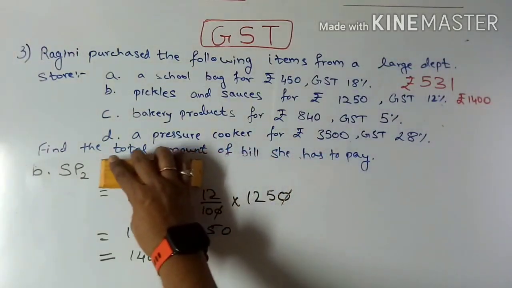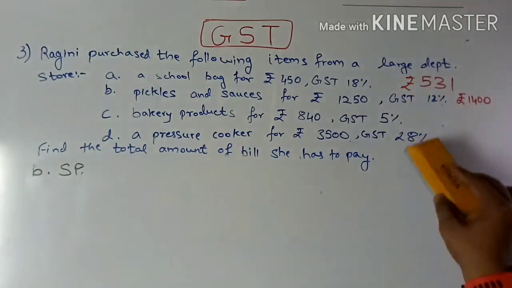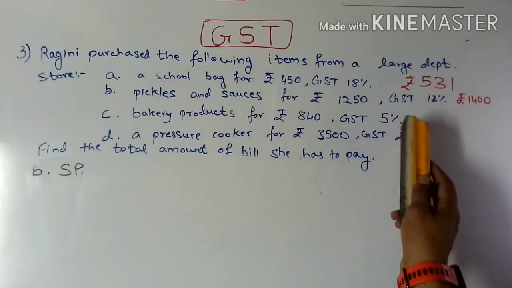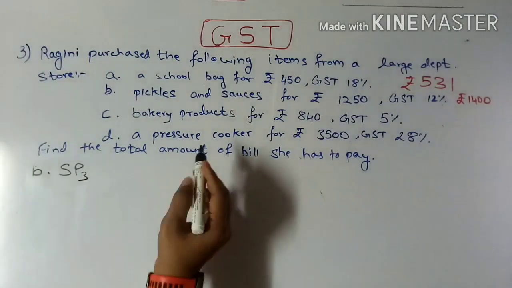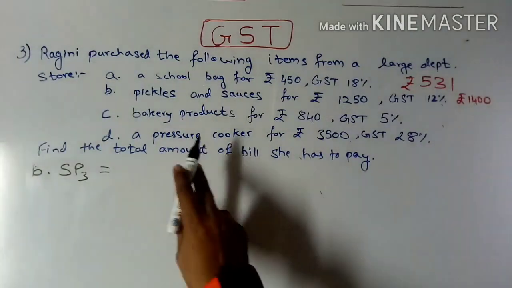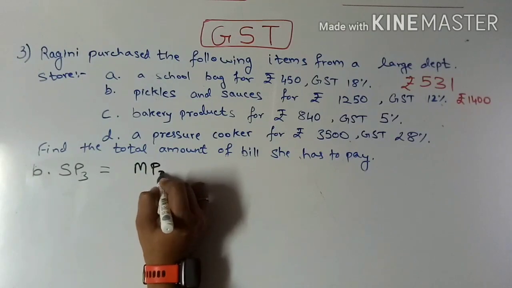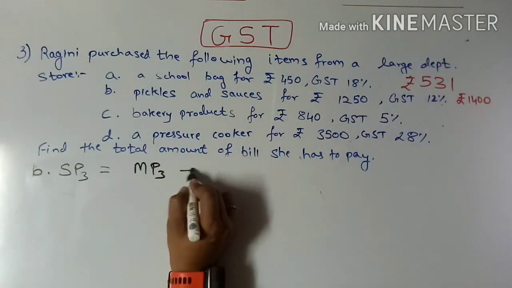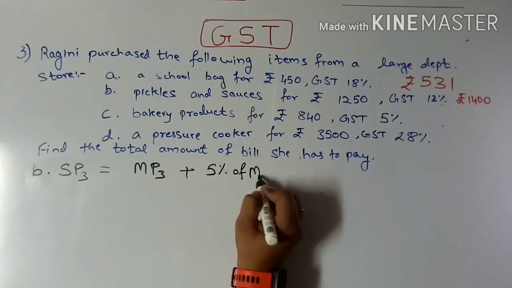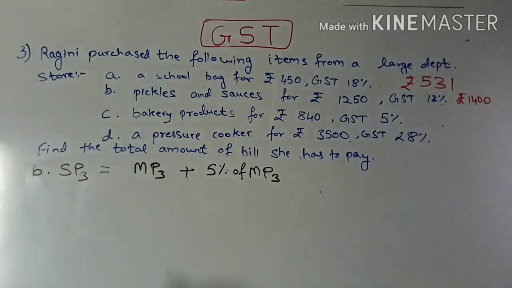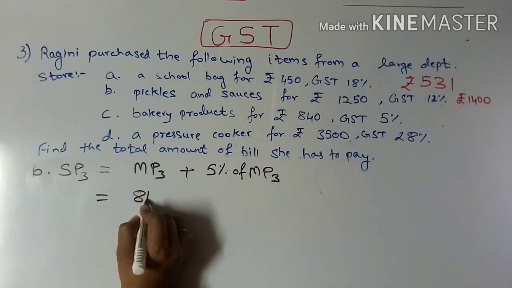Now let's find the selling price of bakery products, which if you notice that since it's a very primary product, its GST is 5%. So SP3 be the selling price of bakery products, which is equal to MP3, marked price of the bakery products, plus 5% GST of marked price of bakery product. That is MP3, that is 840, not the MP3 player.